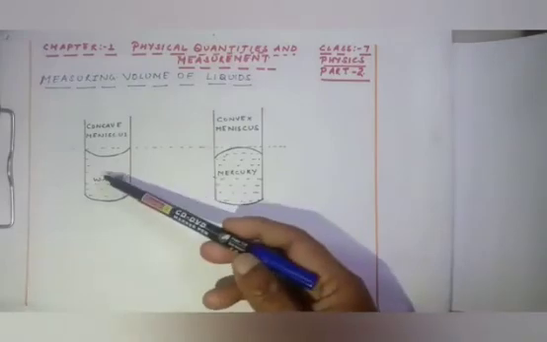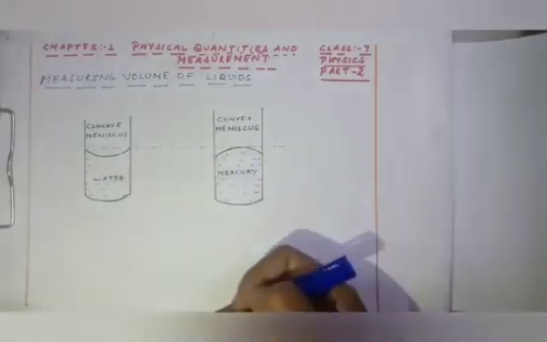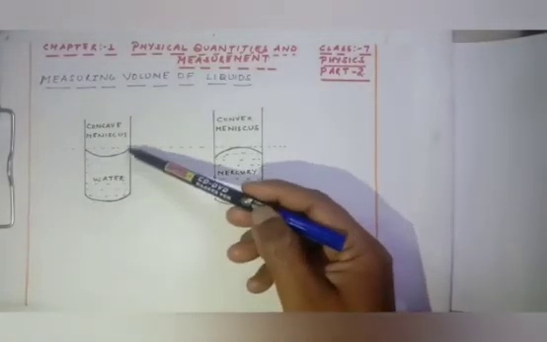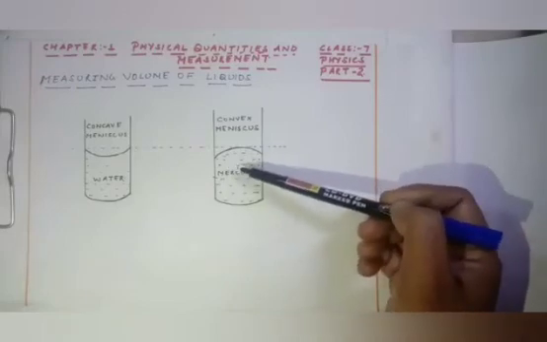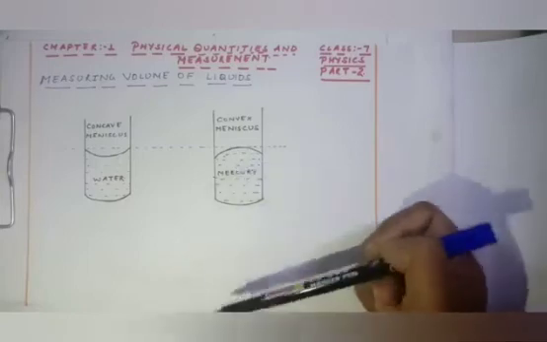Over here I have taken two conical flasks. In the first conical container I have filled water, and in the second conical container I have filled mercury.